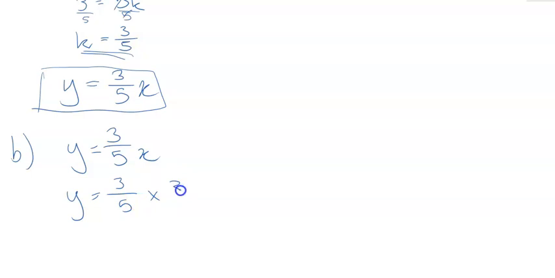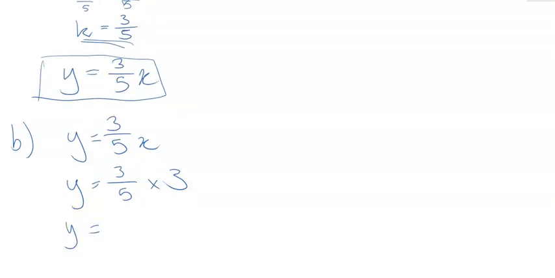If x equals 3, then I replace x with multiplied by 3, and then I can get my answer to y. And that answer is 1.8. So basically what we're saying, when x equals 3, y equals 1.8. You could even think of that as a coordinate. When x equals 3, y must be 1.8 because it is in direct proportion.